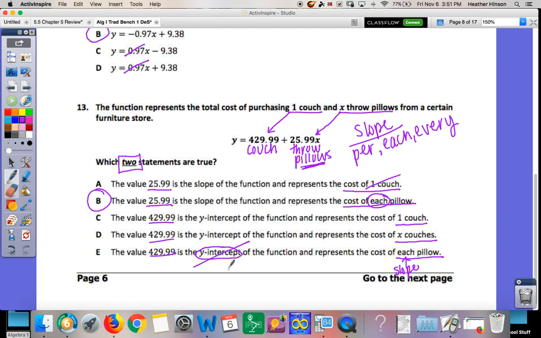Not when you're looking at answers. We set up here that 1 couch was that $429.99. So 1 couch is that cost. But why is it not X couches? Well, because they told us up here, X is not couches. X is pillows. So it can't be that one. So it's going to be C.